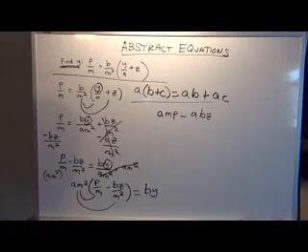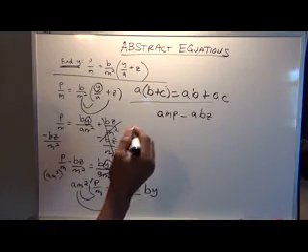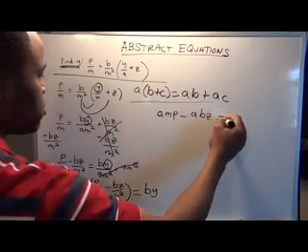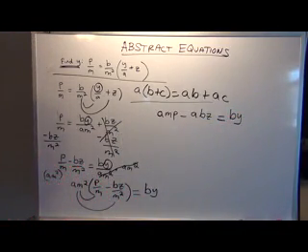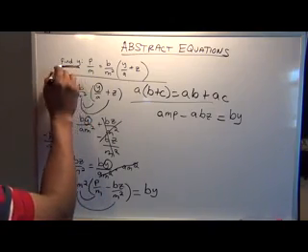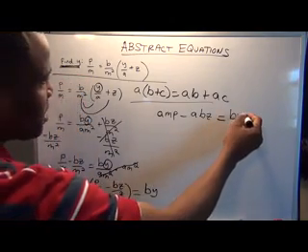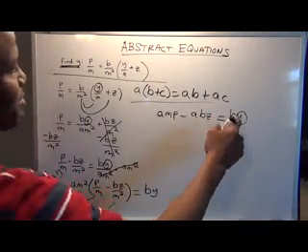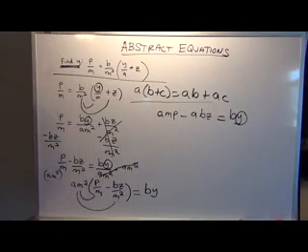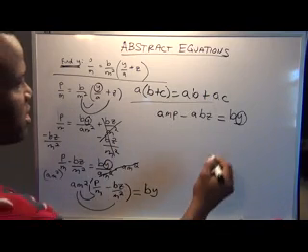So AMP minus ABZ is equal to BY. But we're not done because we need to find Y. Right now we have Y that we need to isolate. We see that Y is being multiplied by B, so we need to do the inverse operation of multiplication, which is division.